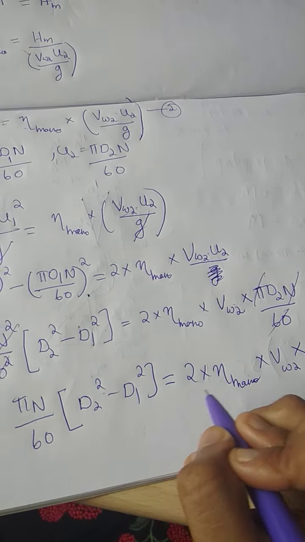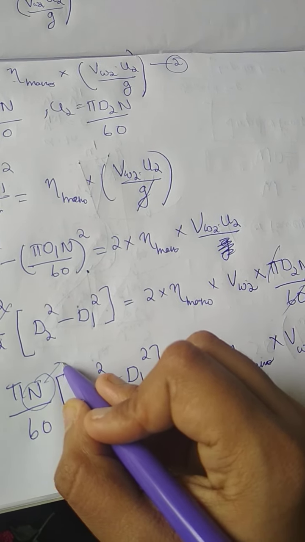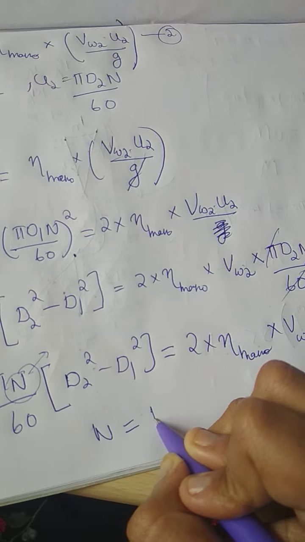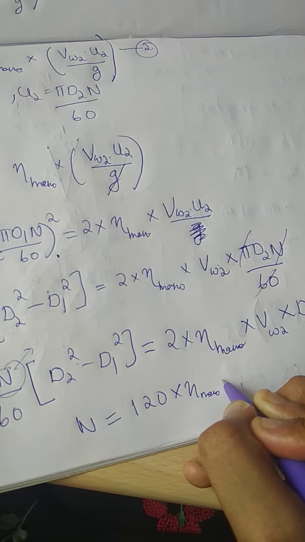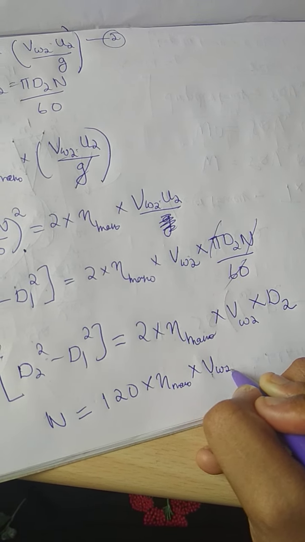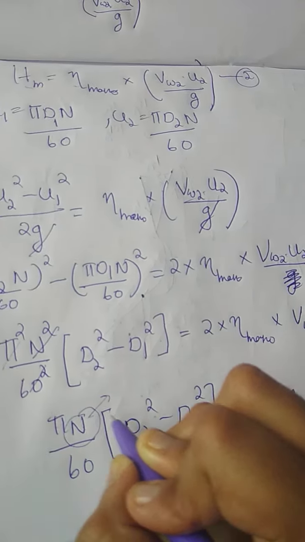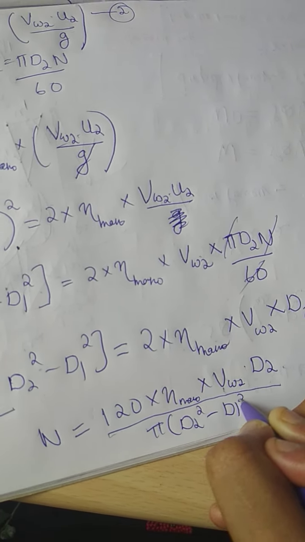We need the minimum starting speed, so we need an expression for n. From simplification, n is equal to 60 into 2, that is 120, into eta mano into Vw2 into d2 divided by pi into d2 square minus d1 square.